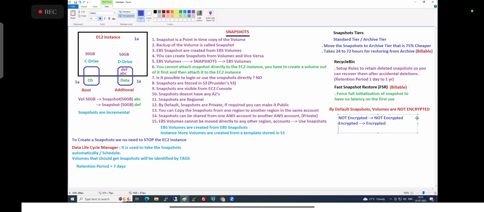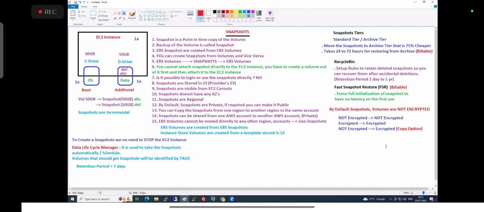Now say you have a snapshot or volume which is not encrypted and you want to encrypt it. You can do it using the copy option. I will show you this in the lab. Anything which is not encrypted, how can we encrypt it? Using the copy option, you should say.